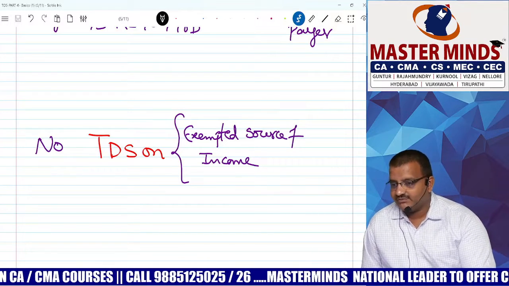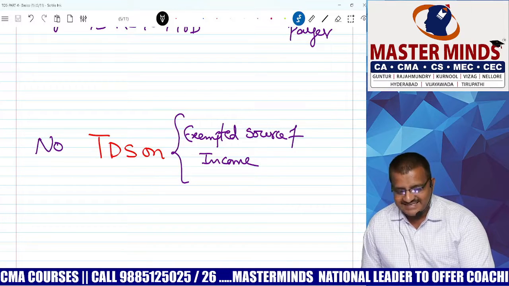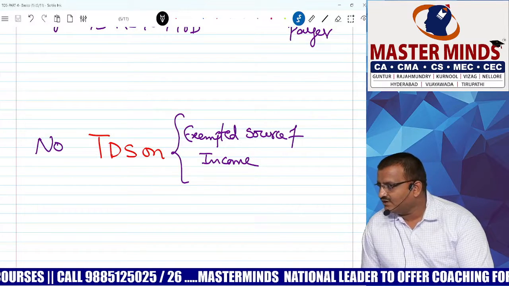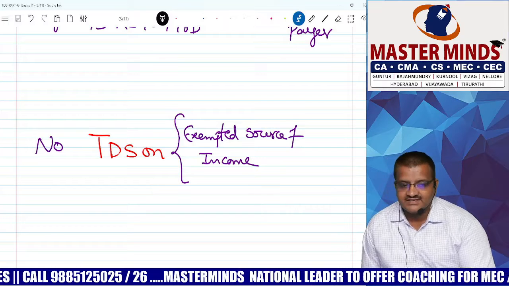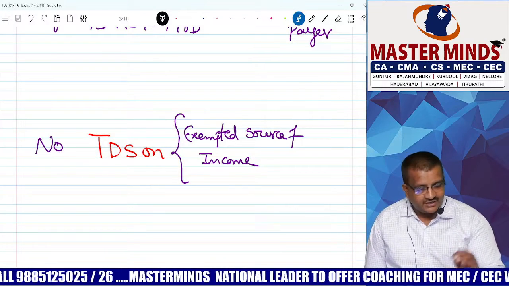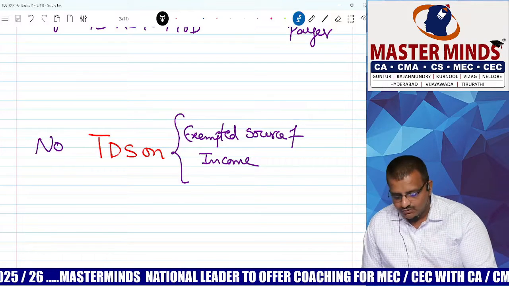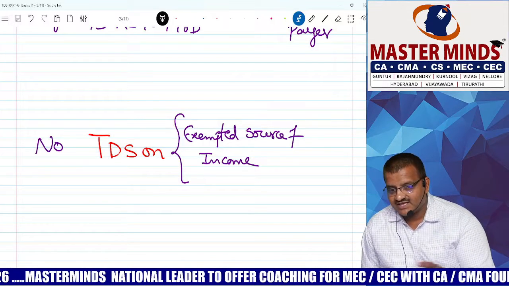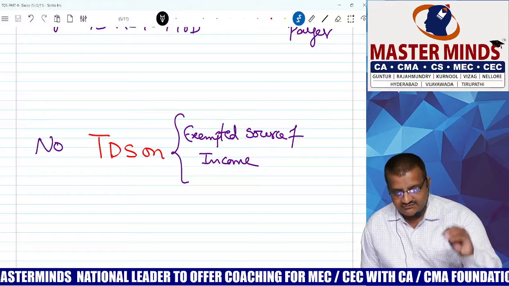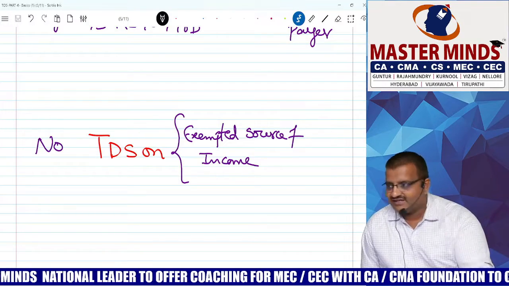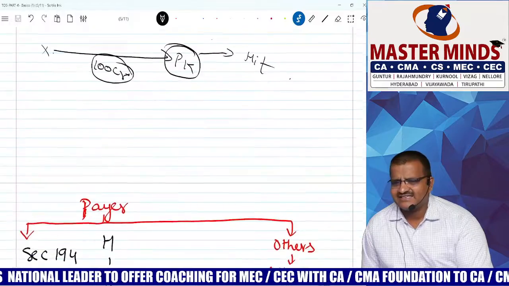So for your information, whenever the income is exempted, then there is no question of TDS. Clear, sir? So don't think that every payment is subject to TDS. Only if it is specified in the Act, then TDS is applicable. Otherwise, no TDS. Correct, sir?